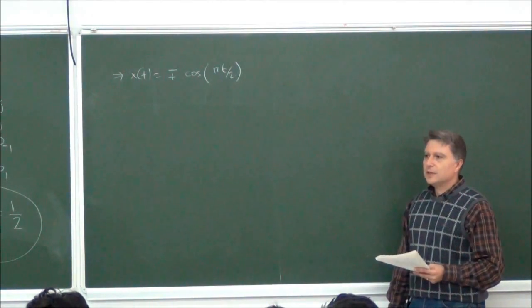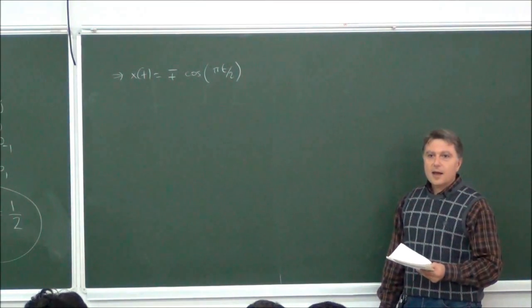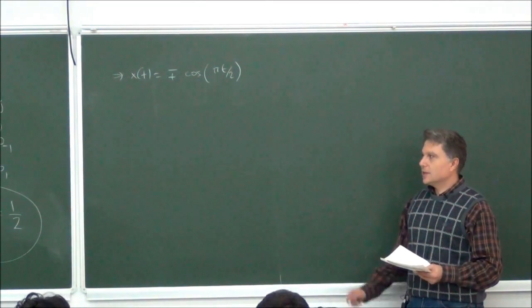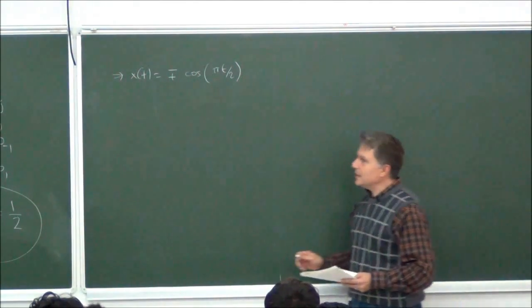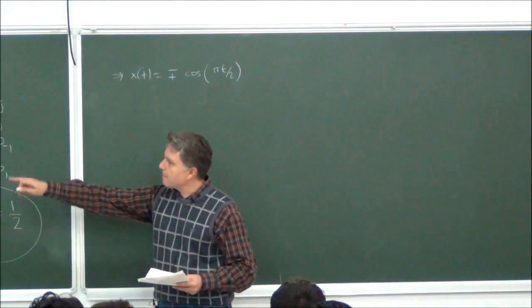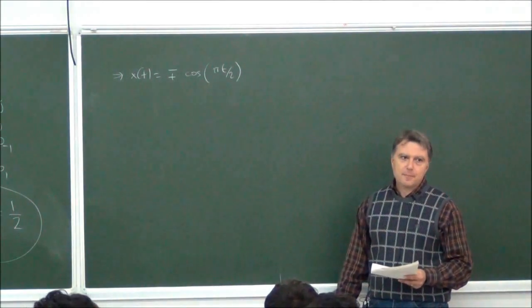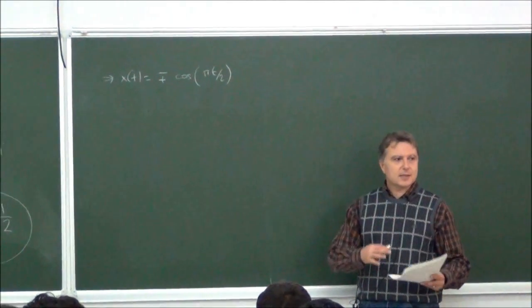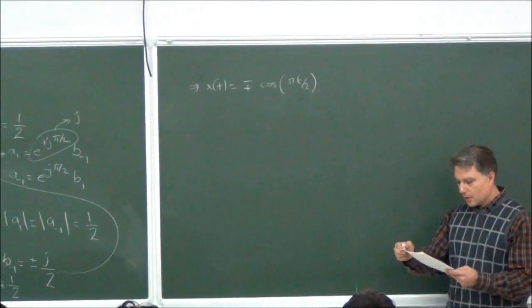So this is x of t of your question. You could say that, well, we couldn't find the exact solution. It's either plus or minus. But with these 5 observations only, from 1 to 5, this is as much as you can get. And you must leave the result like this. Plus or minus cosine pi t over 2.